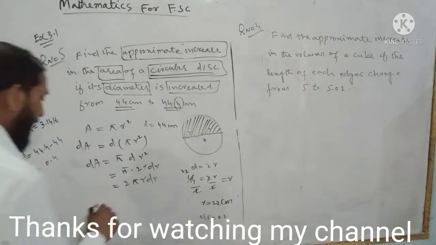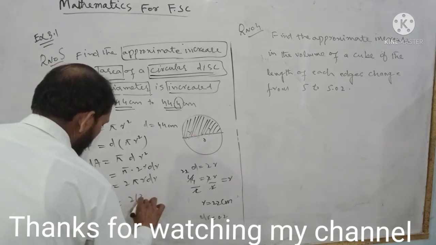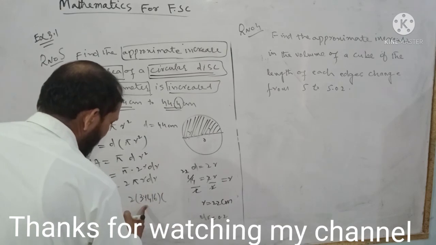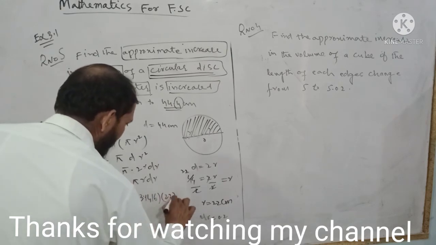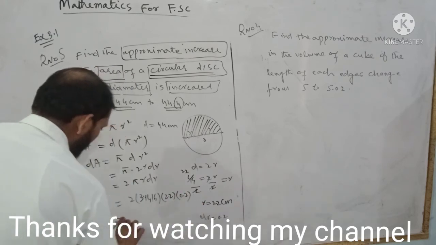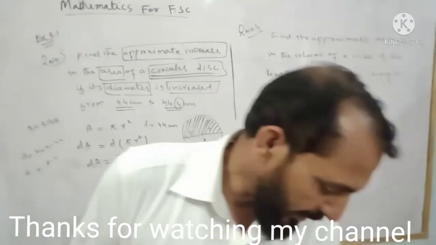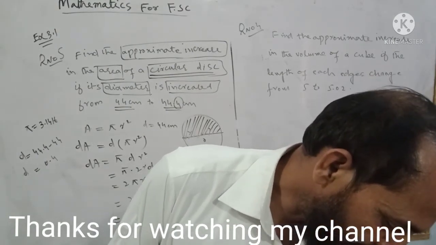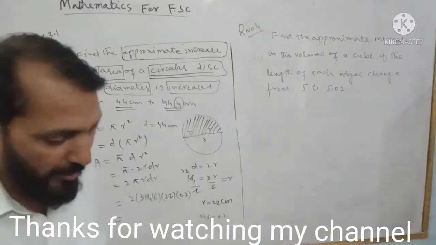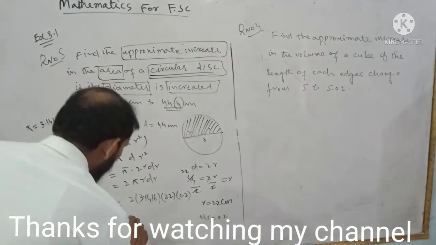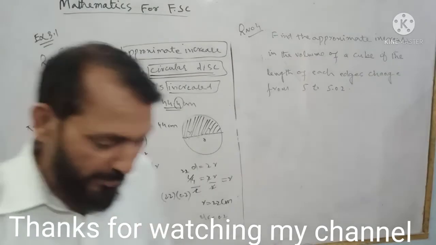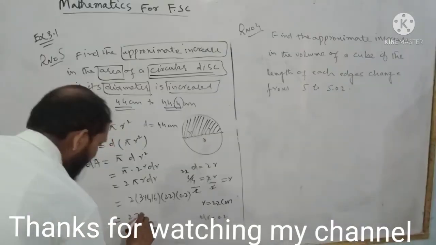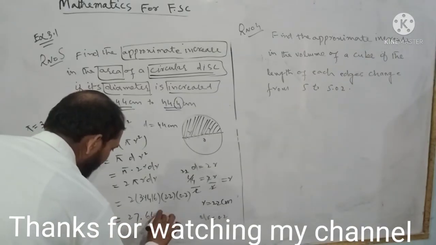So we can put in these values in the above equation, the value of pi, r as 22 and dr as 0.2. After multiplication we have the final result, 27.6461 cubic unit.